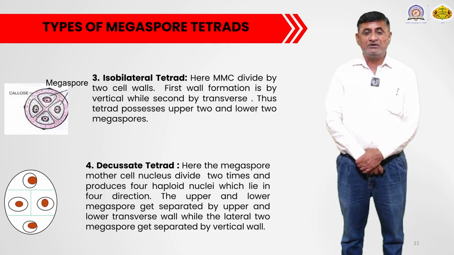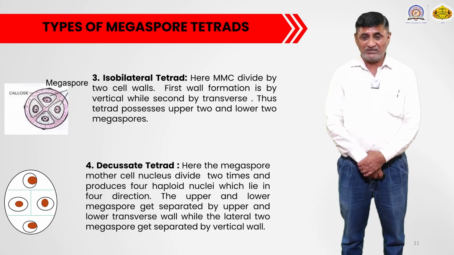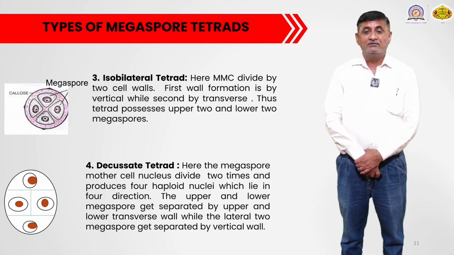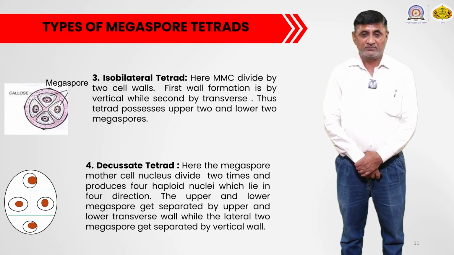The next type of megaspore tetrad is called the isobilateral megaspore tetrad. Here the megaspore mother cell is divided by 2 cell walls.